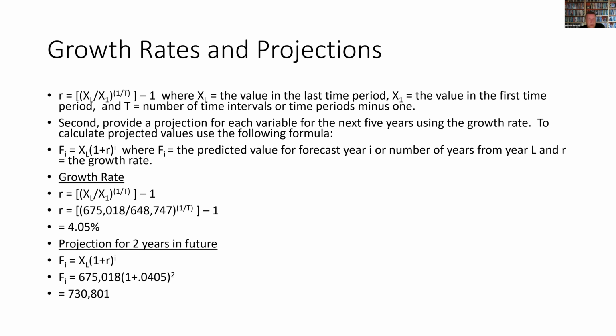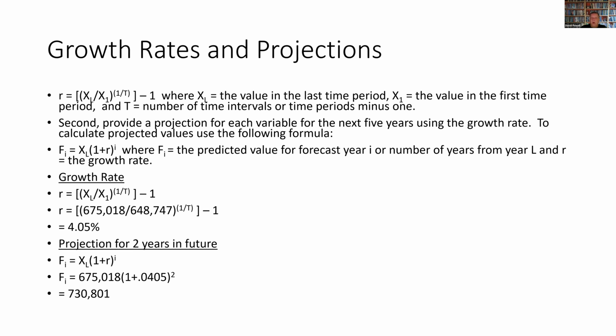So you take the last year, and that then in your formula is your XL, that's the value of revenue in your last time period that you have. X1 is then the value of the revenue in the first time period. So from however many years back you want to go, you pick that first time period, and that's then the value at X1.